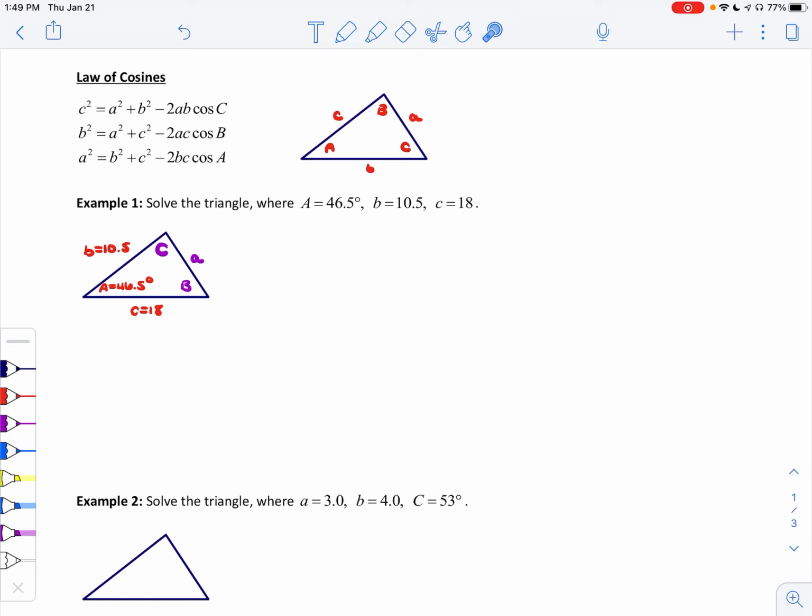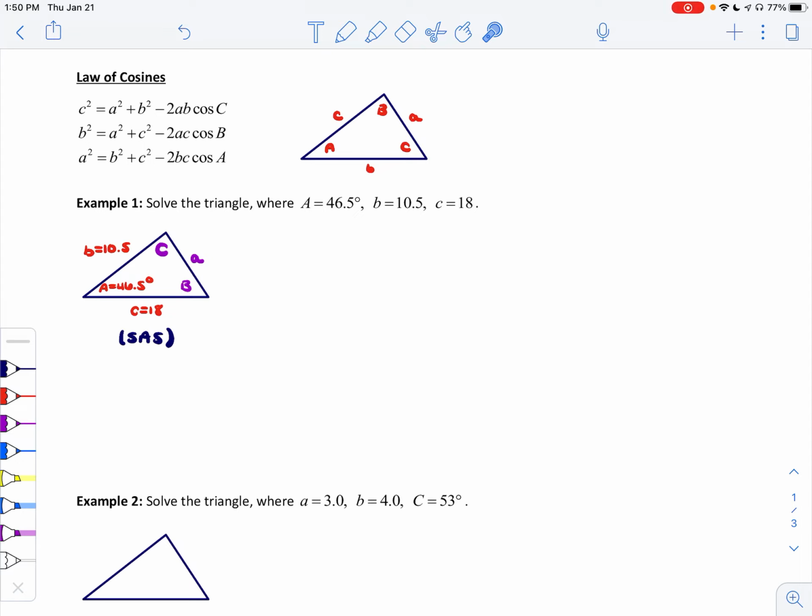Looking at this, I can see that we have two sides and the included angle, so this is our side-angle-side case. Now let's try to use our law of cosines to solve this problem. If we think about the information we have and try to find one of our formulas, there's only going to be one equation that works, because we don't have enough information to use all of them.